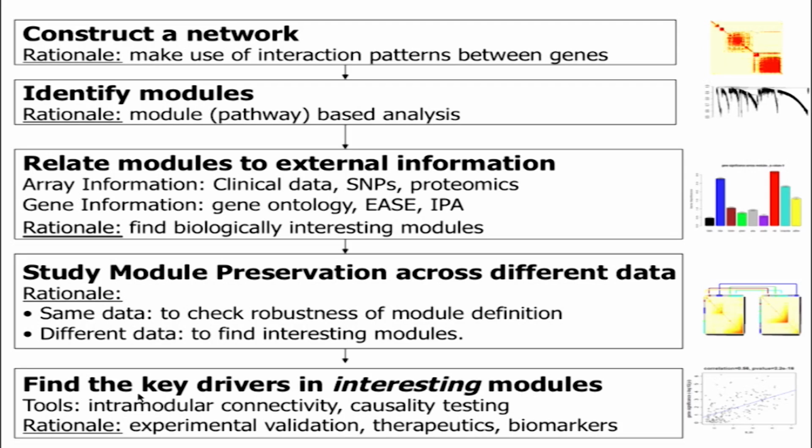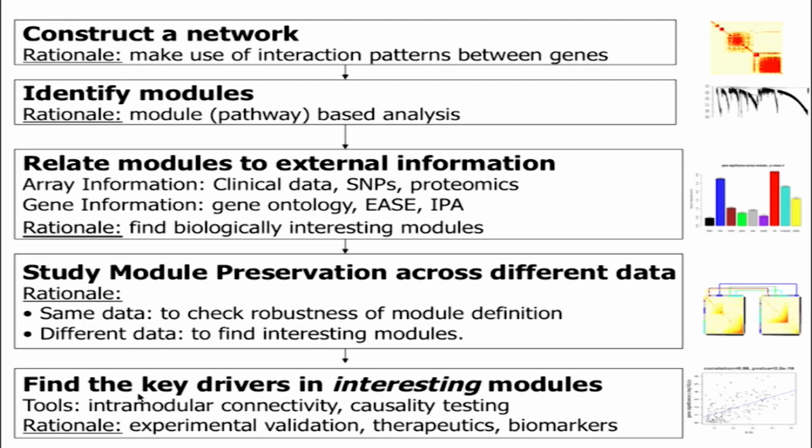In step number 2, we then identify gene modules, for example, using hierarchical clustering. The rationale here is that we want to carry out a module-based analysis. In step number 3, we relate these modules to external information because we want to find biologically interesting modules.